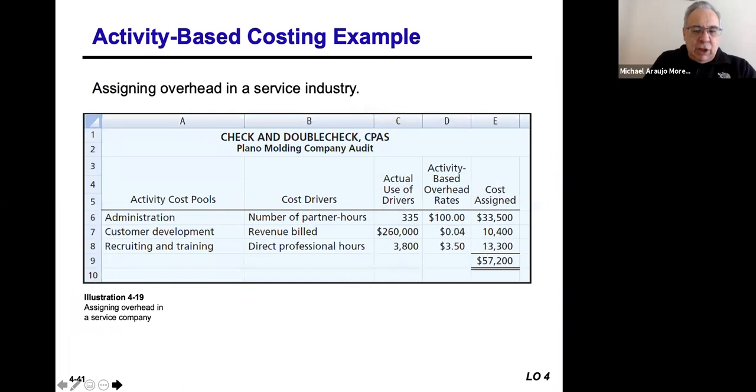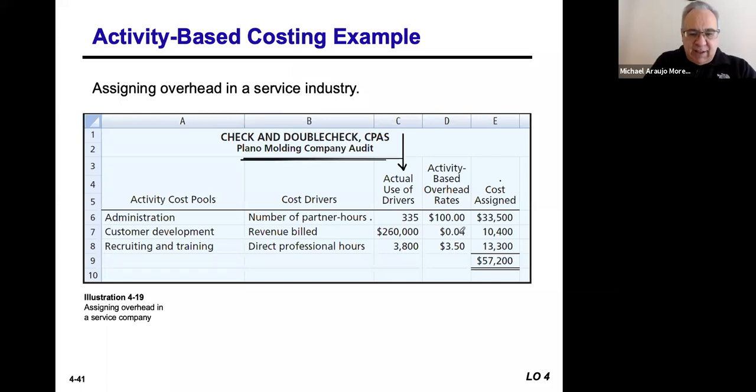When you look at the Plano audit, they say, okay, we actually used 335 hours, which at $100 an hour is $33,500 of costs just for that activity. 260,000 was the revenue, the amount they billed that client.